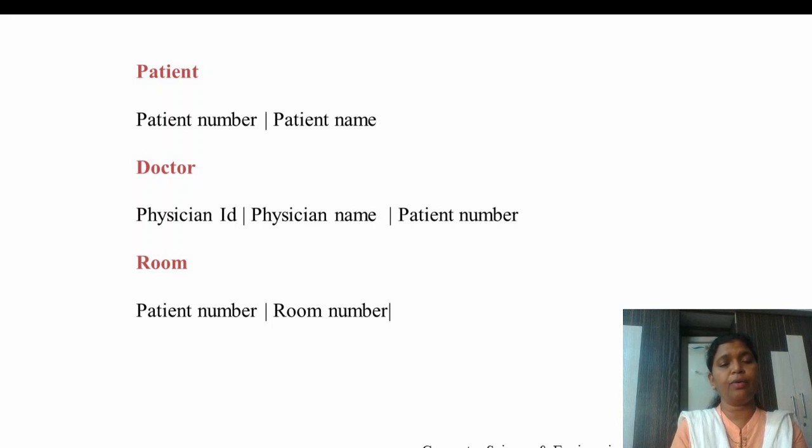Again, it is related to what? Patient number. See, here the unique identifier which is connected to all the three entities, that is patient, doctor, room, is patient number, you can easily identify. So this is what I mean to say, related data.